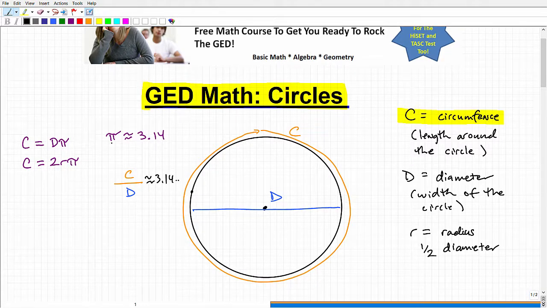Now, the reason why we give it this little crazy symbol here, pi, and it's not PIE like a pie, it's PI. The reason why we give this number a symbol, a variable, is because this number goes on and on and on. It never stops and it never repeats. So it goes on and it keeps going, and we just don't know what the next digit's going to be, and it goes off into infinity.